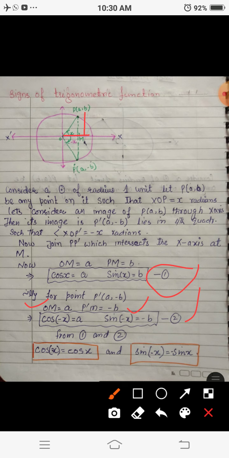From first and second, the x coordinate is a in both. For P'(a, -b), the image point, the angle is -x, so the x coordinate becomes cos(-x). Hence cos(-x) equals cos x, and sin(-x) equals -b, but from first b equals sin x, so sin(-x) is -sin x.